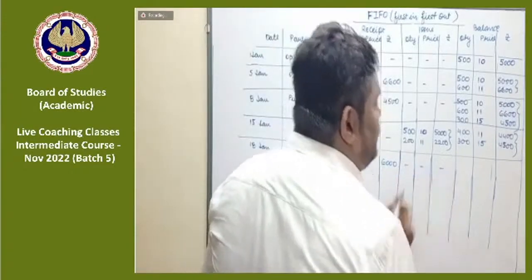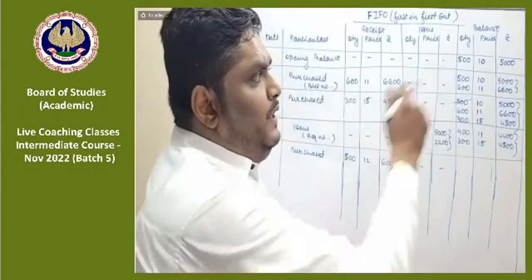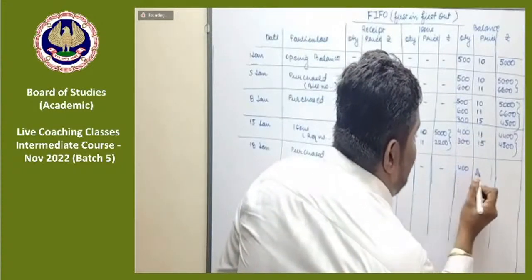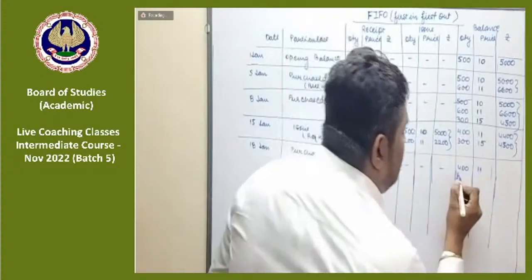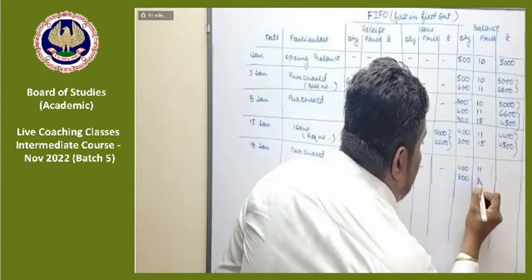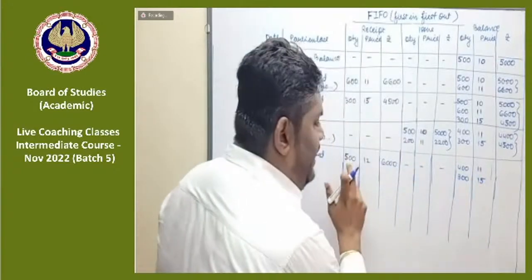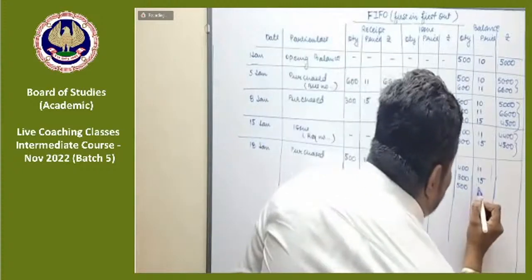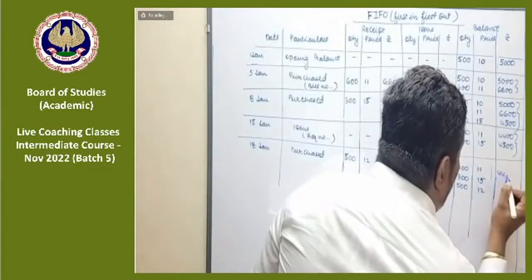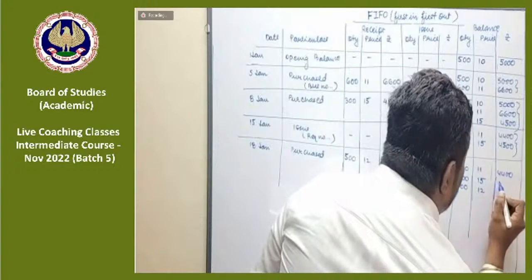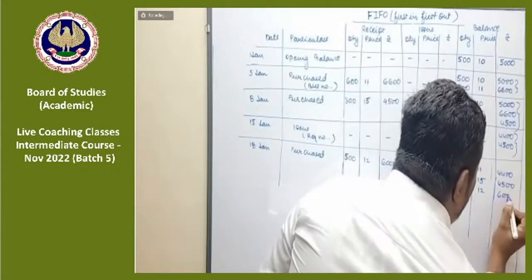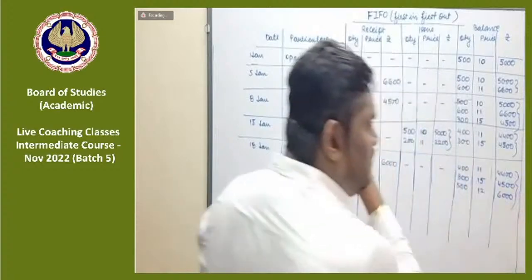Since there is no issuance of material, when talking about the balance part, very simple. We have 400 units which were purchased at the rate 11, 300 units which were purchased at the rate 15, and now we have 500 units more which were purchased at the rate 12. So 4,400, 4,500 and 6,000.